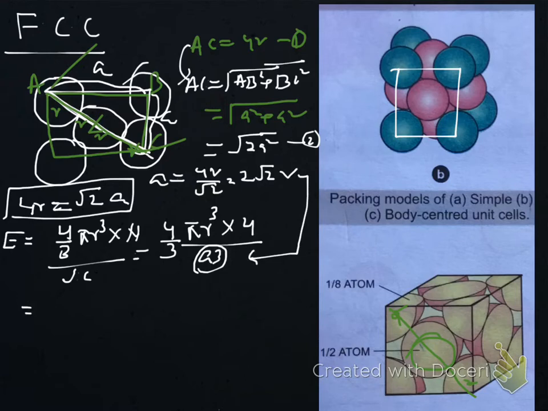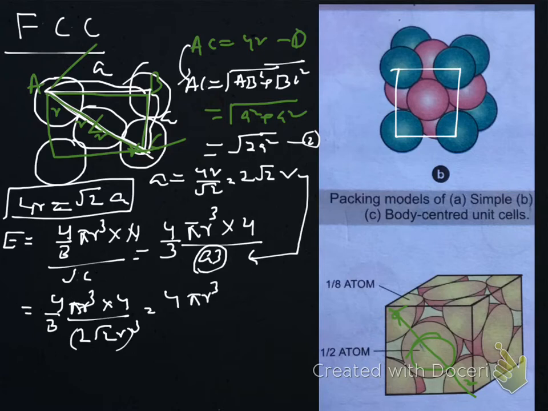Then 4 by 3 pi r cube into 4, divided by 2 root 2 r the whole cube. 4 by 3 pi r cube into 4, divided by 2 cube is 8, root 2 cube is 2 root 2, then 16 root 2 into r cube.